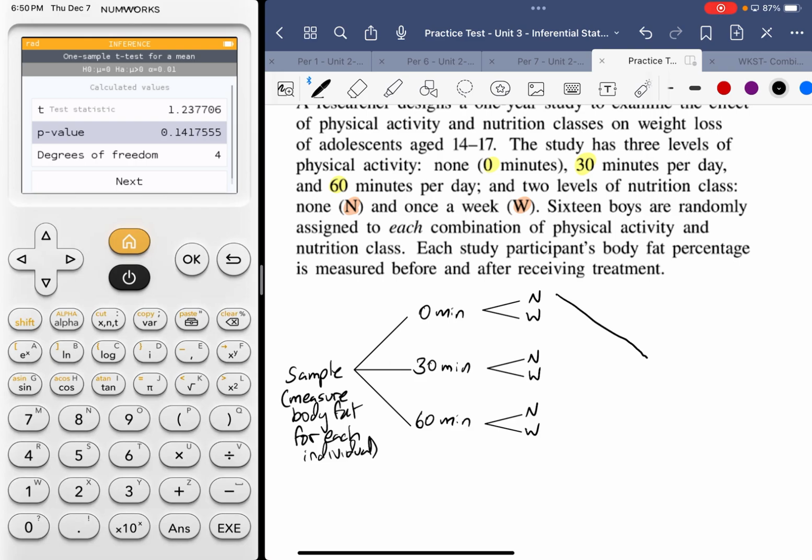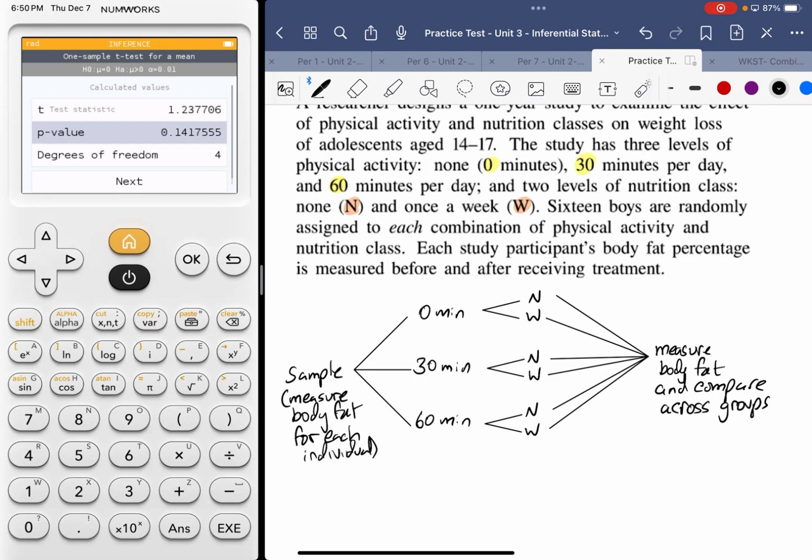Each of these little subgroups are going to come together, where we would measure body fat and compare across groups.